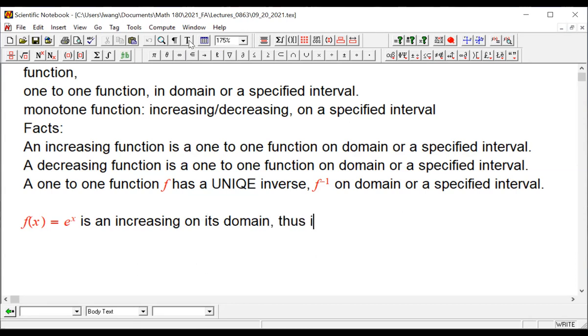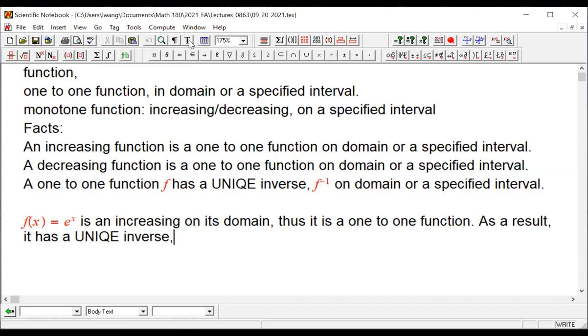Thus, it is a one-to-one function. As a result, it has a unique inverse. And let's call that inverse f inverse.